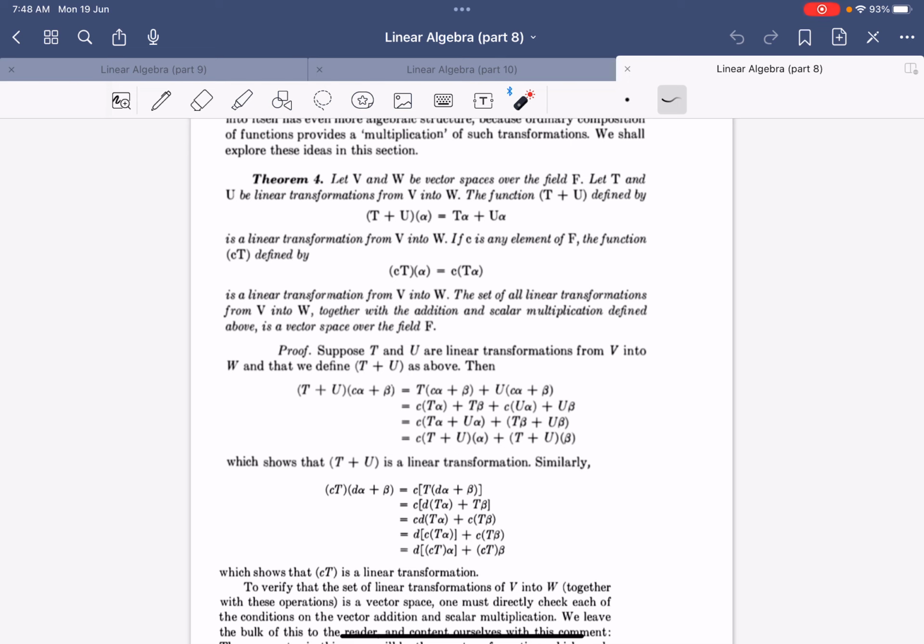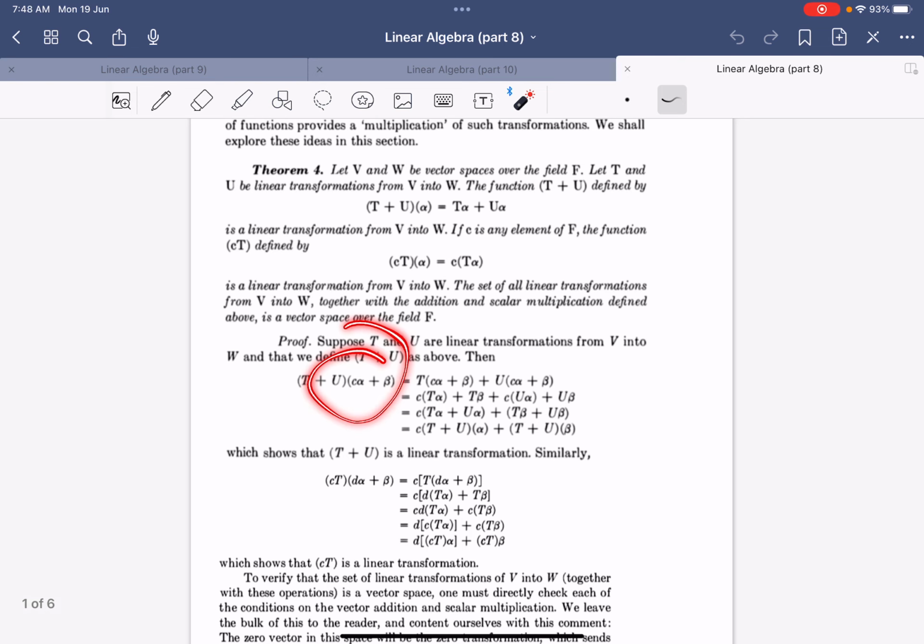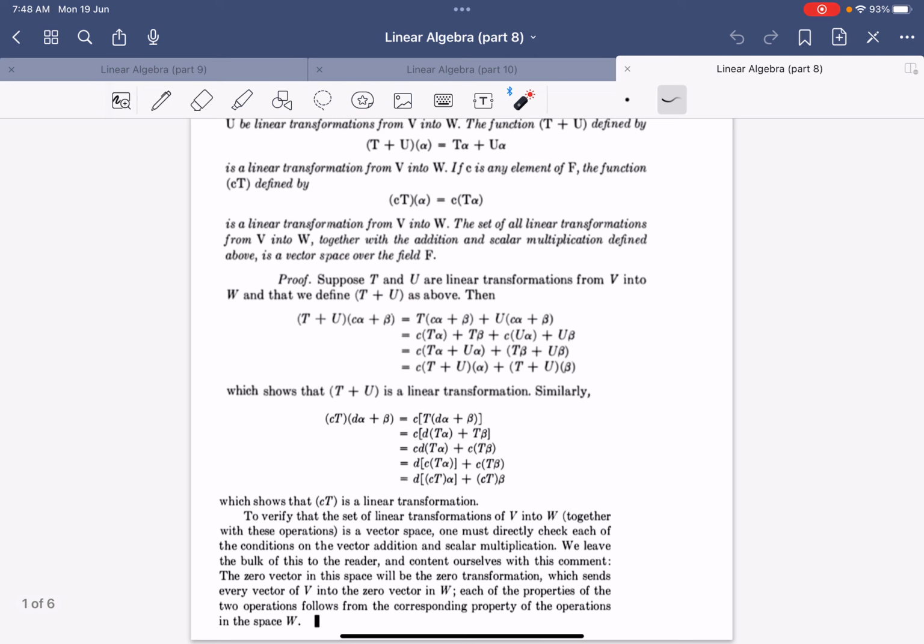So the proof that T and U are linear transformations when you add them together follows. You define it as the following and see that by the definition it has to be T sending c alpha plus beta plus U sending c alpha plus beta. And then this is a linear transformation, so you can expand it to this form.